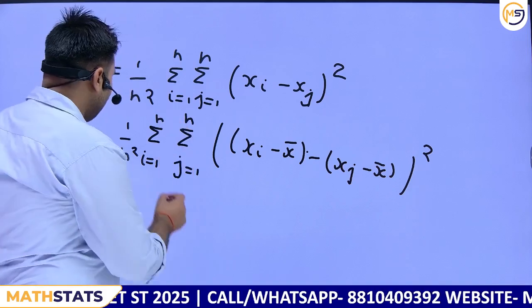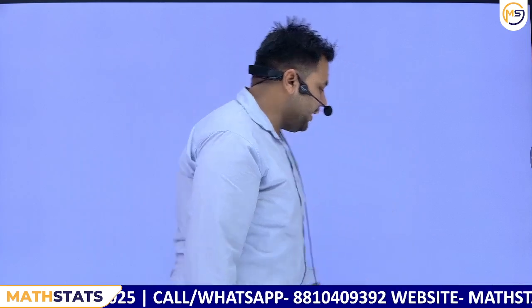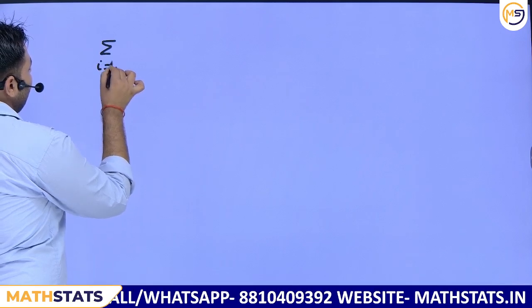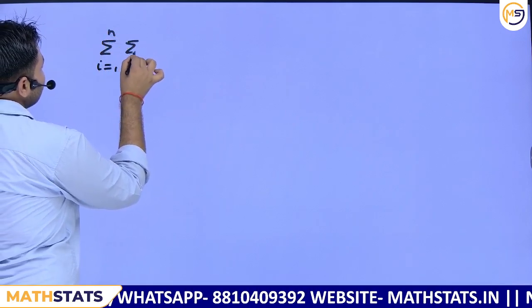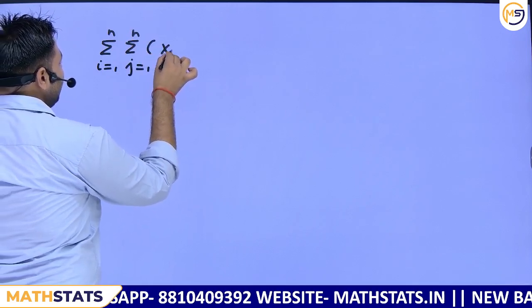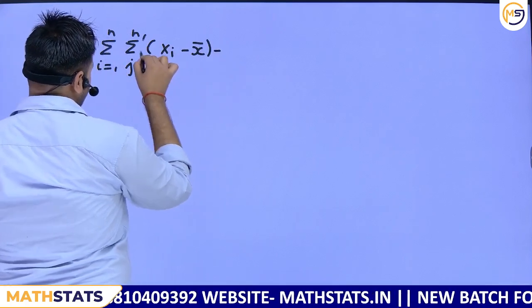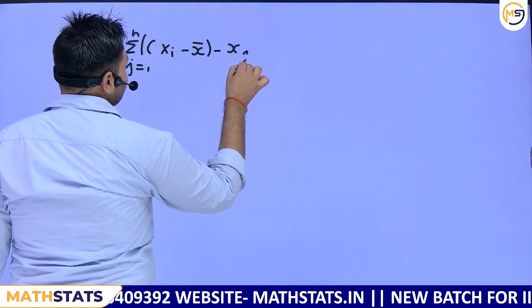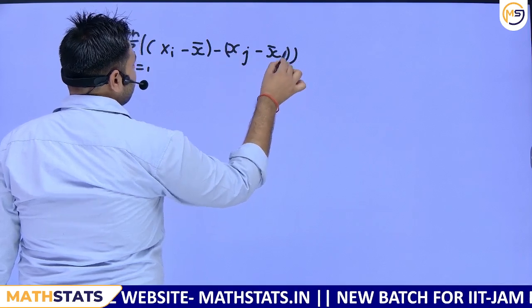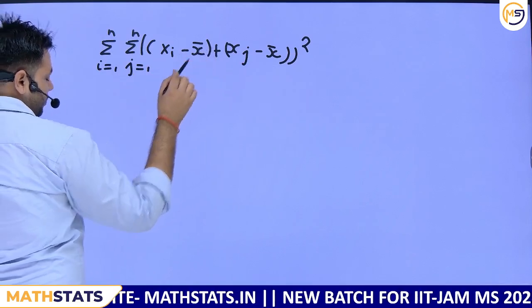Now we are talking about this series. Summation i equal to 1 to n and summation j equal to 1 to n, (xi minus x bar) minus (xj minus x bar), this square.